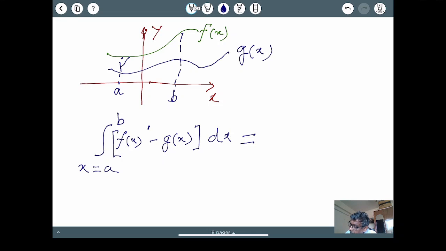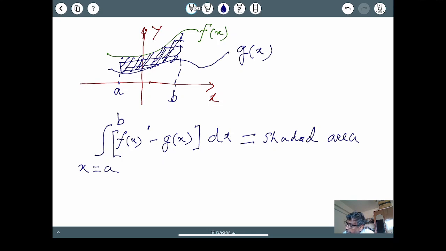Got the point? This is the shaded area you will get.